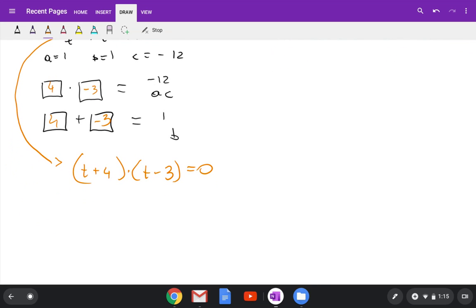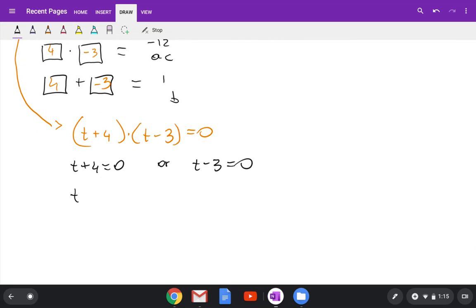And now we're solving two equations. t plus 4 equals 0, or t minus 3 is equal to 0. So that will give us t is equal to negative 4, t is equal to positive 3.